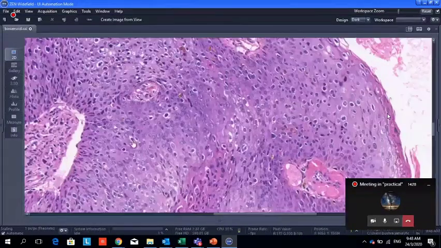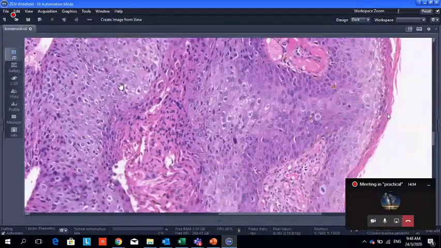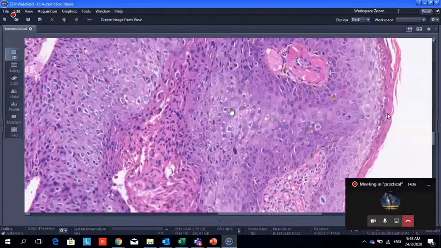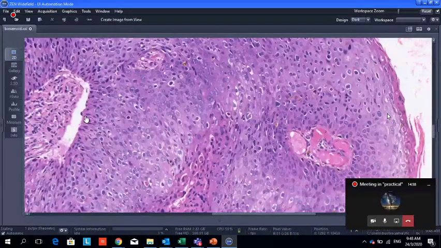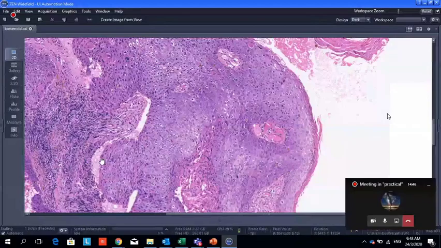Increased mitosis. What else? Presence of koilocytic cells, and the dysplasia involves the full thickness of the epithelium. And this is very important: still the basement membrane is intact.